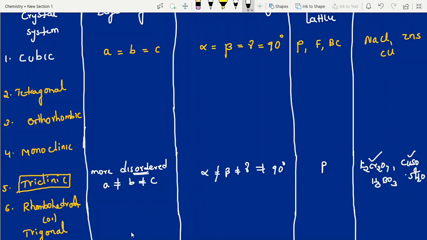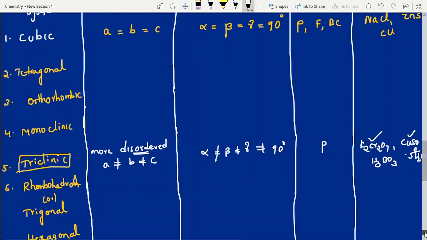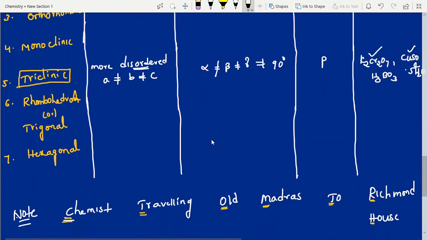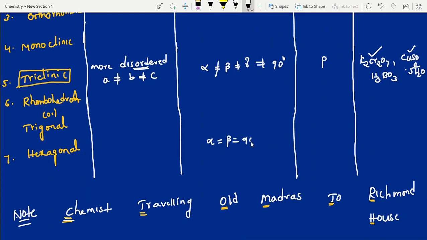Next easy part, which is frequently asked in examination: hexagonal. Hexagonal also we can easily remember. Here alpha, beta equal to 90 degrees, but gamma equal to 120 degrees. If you see gamma equal to 120 degrees, there is no doubt that it is hexagonal.